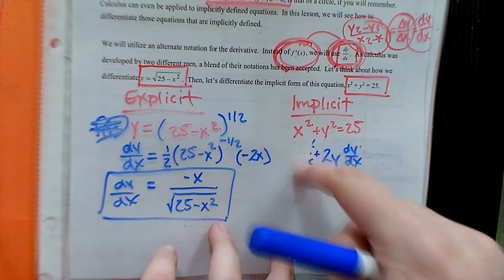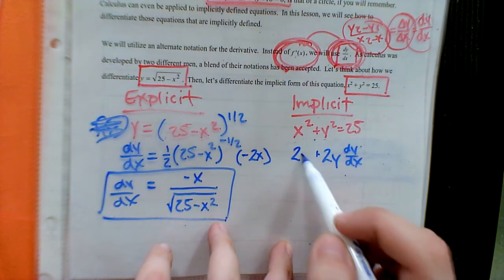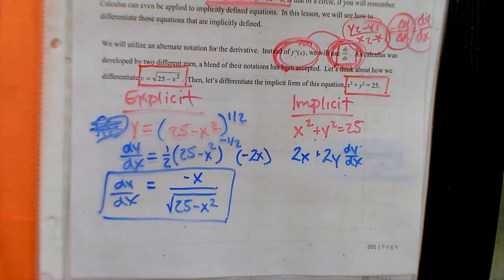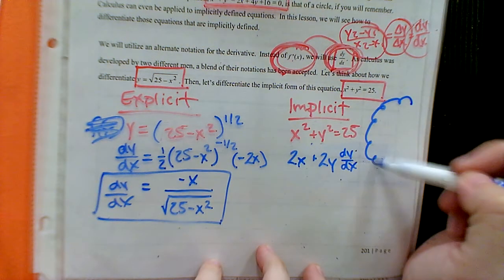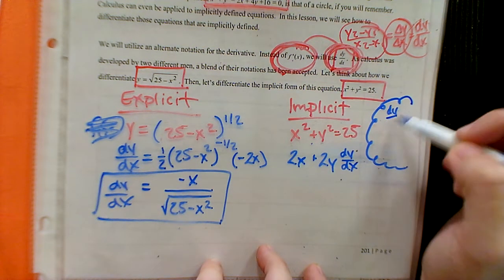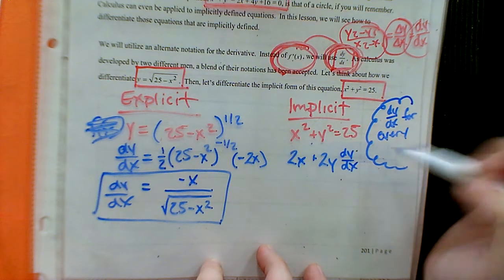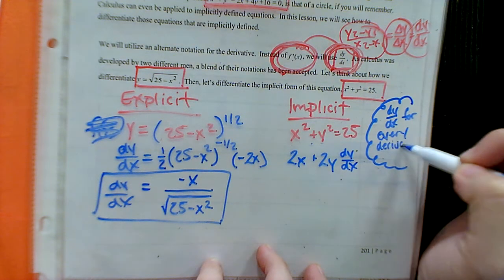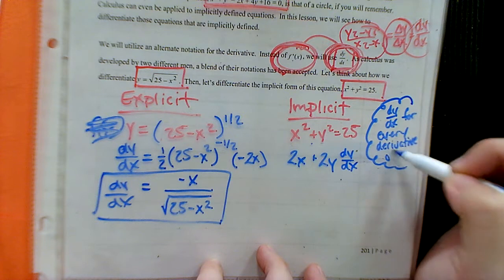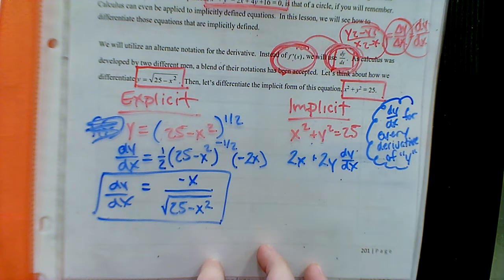So the moral of the story is we only have to write dy over dx whenever you take the derivative of a y variable. Let's go ahead and write that down off to the side here: dy over dx for every derivative of y.